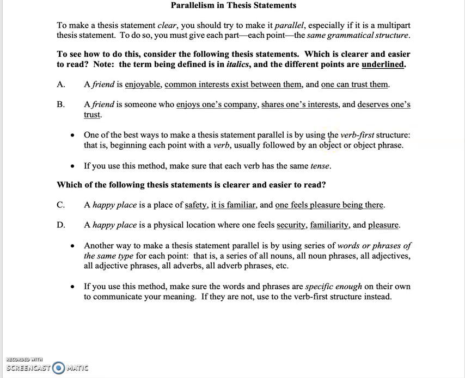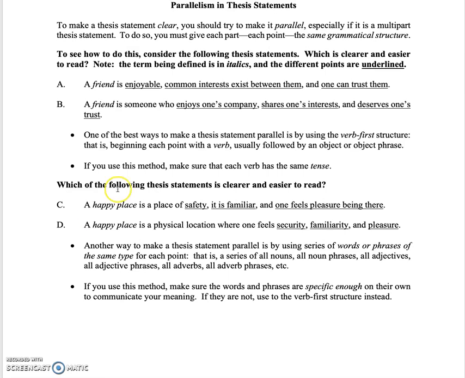All right, let's take a look at the next pairing here, C and D. So read those two and see which seems to be more parallel, and then we'll come back and talk about it. All right, so in this one, D is more parallel. Let's first look and see why C is not parallel.